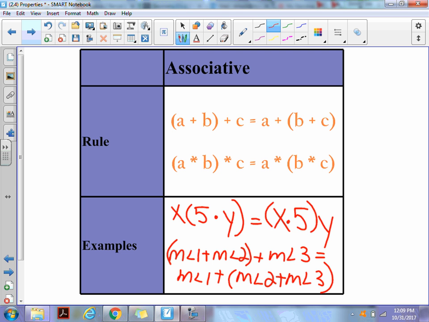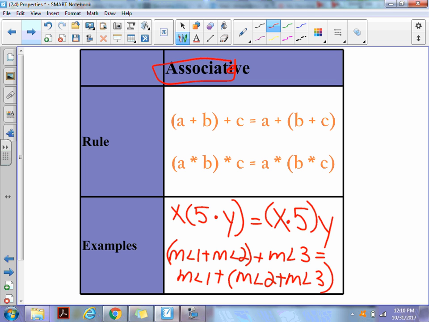In the word associative is the word associate. Who you associate with is essentially your group of friends, right? Okay. So for example, if Anna, Beth, and Casey were going to the mall, right?